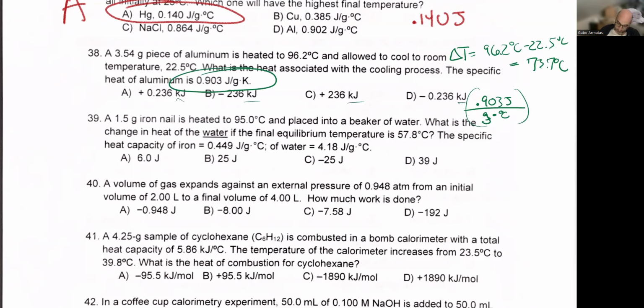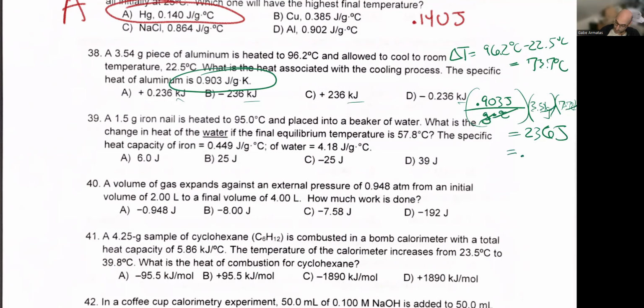So what I want to do is I want to cancel grams and degree C. So I need to multiply it by the grams, 3.54 grams, and I need to multiply it by the 73.7 degrees C. So when I multiply that out, 0.903 times 3.54, enter, times 73.7, I get a total of 235 or 236 joules of energy, because grams cancel, degrees C cancels, and I'm left with just energy.